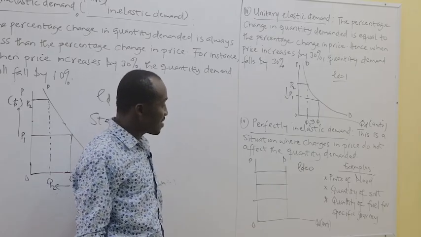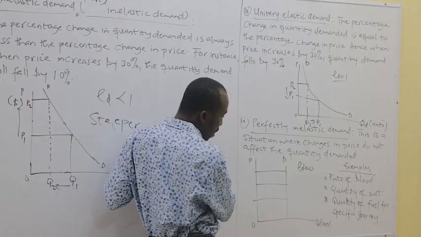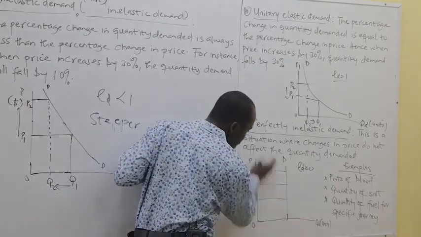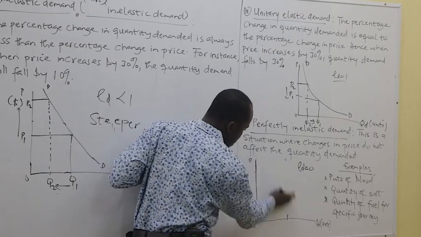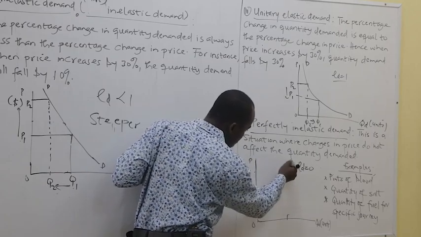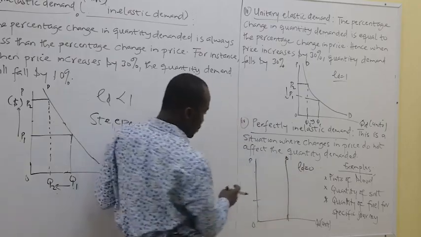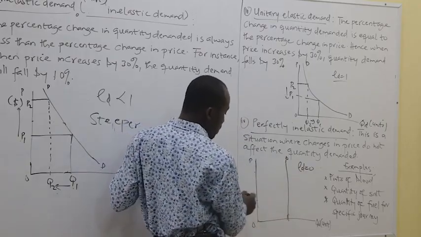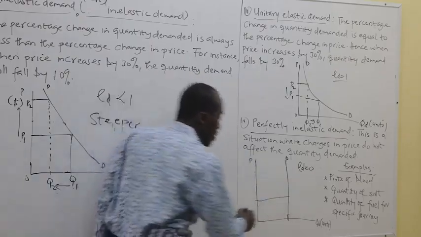With fairly inelastic demand, when price changes, let's look at the price. Let's look at this diagram. Let me sketch something for you to see. The price was here. The quantity demanded was still constant.